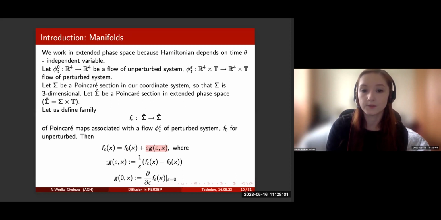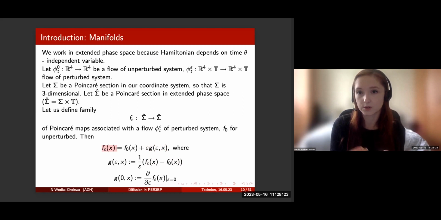So this is the part that is the perturbation in our Poincare map. And we define it as follows. You have 1 over epsilon, and you have the difference, and for 0 it's a derivative at point 0. As you see, if you put g inside this, everything is fine, right? It works. If you put it, it's just the same.